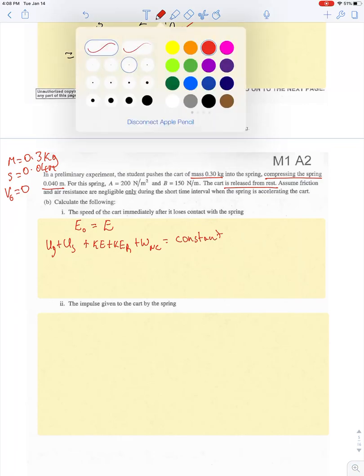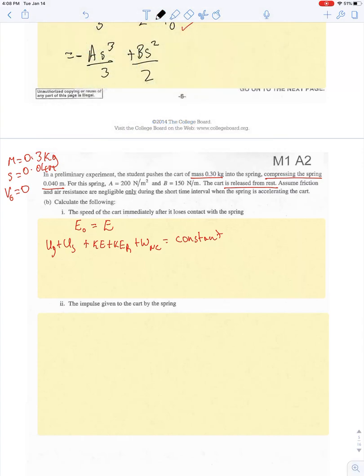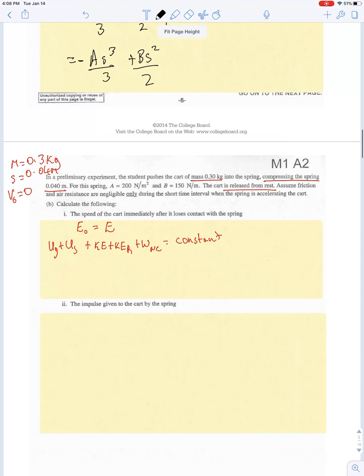So if we check at the beginning, we could see here that the only type of energy at the beginning would be the spring potential energy. And at the end, the block is just moving because there was no friction or anything being done. It's all negligible there. And it's not vertical, it's not rolling, it's not doing anything. So therefore, that should just be the kinetic energy.